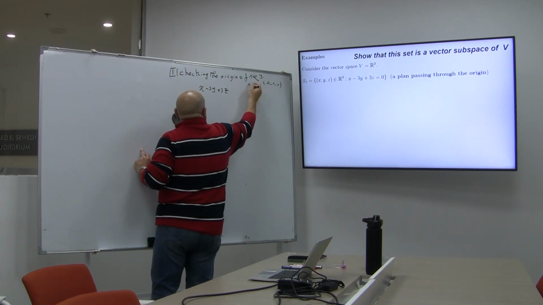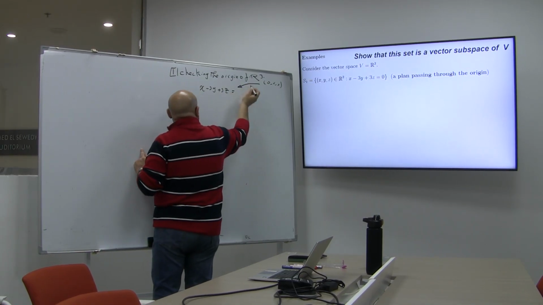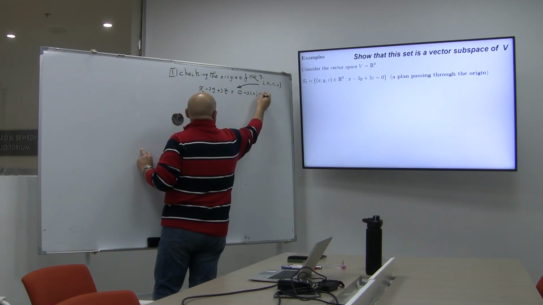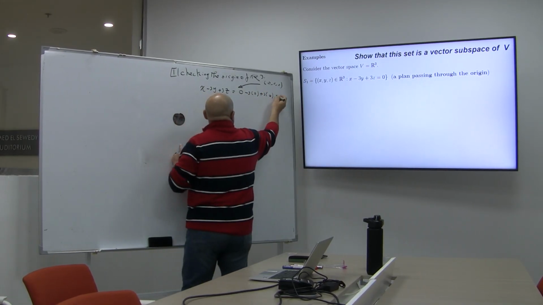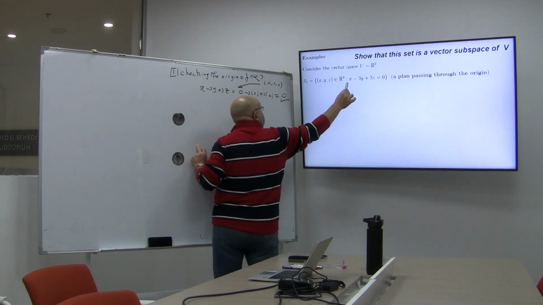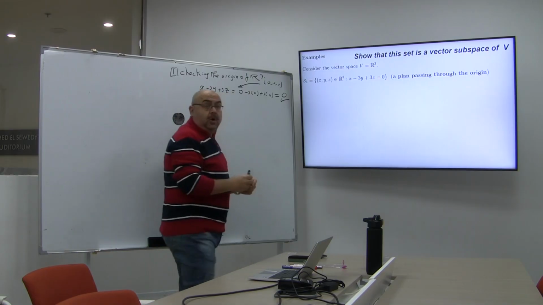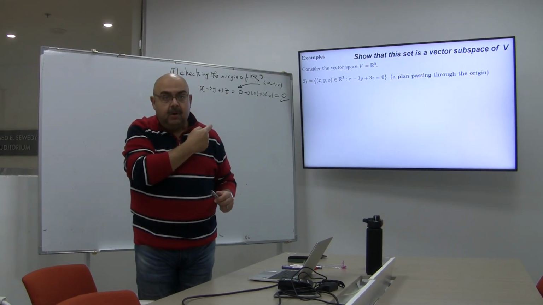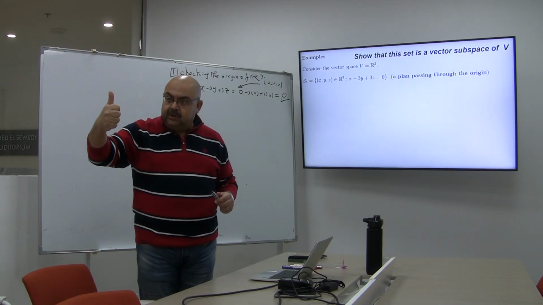Once you use the origin, it's going to be 0 minus 3 times 0 plus 3 times 0, and the result will be 0, which is correct according to this condition. So the origin belongs to this plane. Condition number 1 is satisfied.